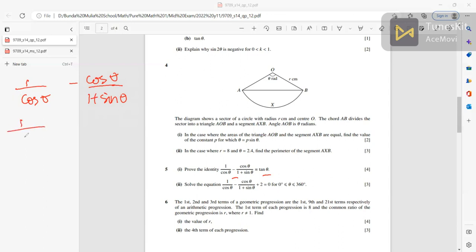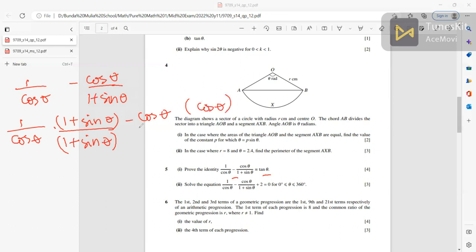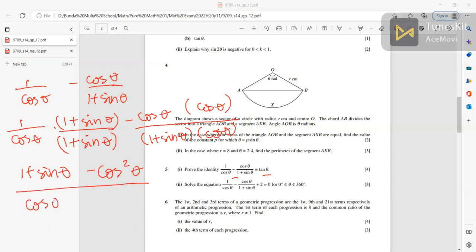So this 1 over cos theta times with 1 plus sine theta over 1 plus sine theta minus cos theta times with cos theta over 1 plus sine theta times cos theta. So here we have 1 plus sine theta minus cos square theta over cos theta times 1 plus sine theta.